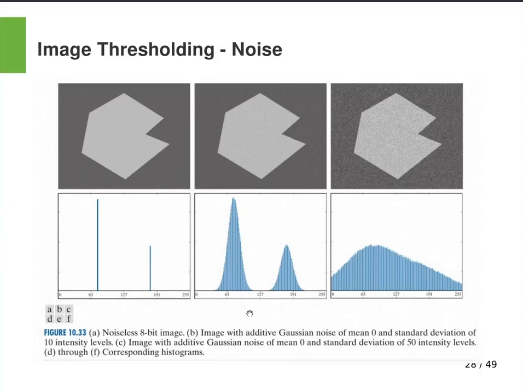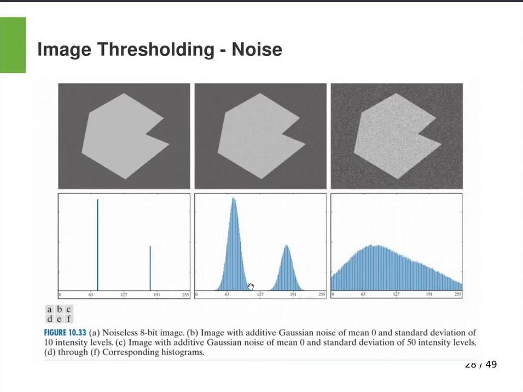So now let's say we have a noisy image. So here, a Gaussian noise with 0 mean and a standard deviation of 10 intensity levels is added to the original image. So now let's see what happens to its histogram. As you can see, the histogram is not only two peaks anymore, because when you add noise, you basically create random sets of intensity values.